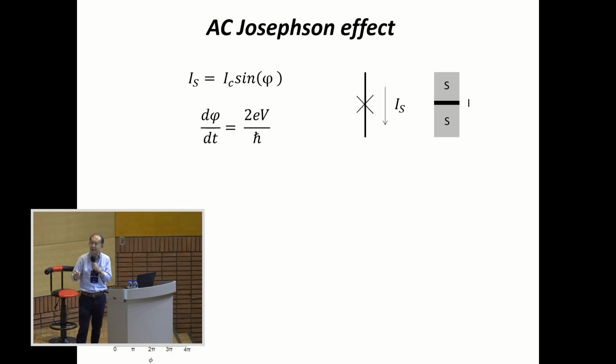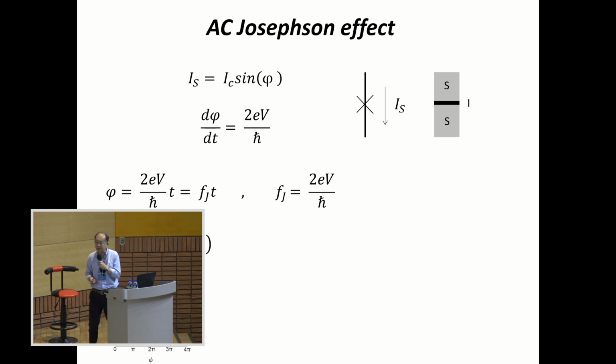It is governed by these two equations, and usually it is an SIS insulator tunnel junction, but in our case, it's an SNS junction. It's not necessarily the same, but we assume that it behaves similarly, and we want to measure somehow this, the blue one or the dotted one.